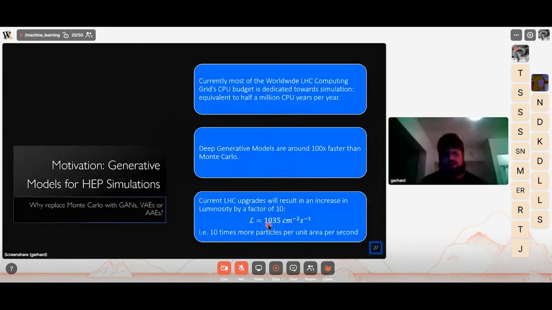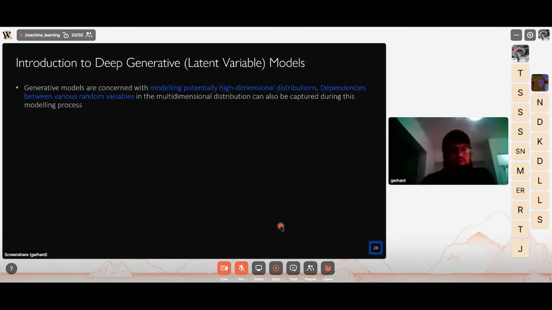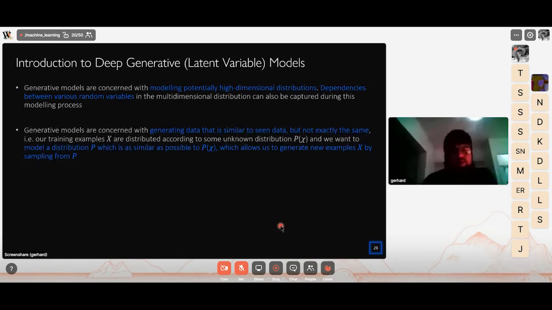So at the moment, Monte Carlo works, but the LHC is currently in a phase of upgrade, which will increase the luminosity factor, which is basically the amount of particles that are produced per square centimeter per second. So that will go up to around 1,000, which is 10 times more particles per unit area per second, which is massive, right? So they've got to find faster ways to actually do these simulations.